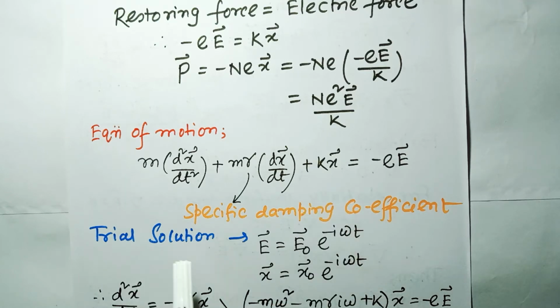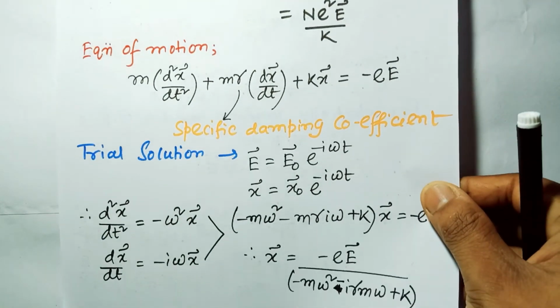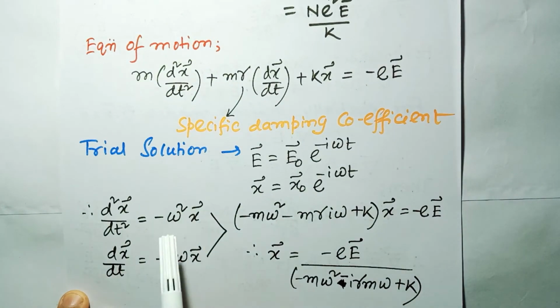Now we take one harmonic solution, like the trial solution. We can say E vector is equal to E0 vector times exponential of minus i omega t, and we take the displacement also to be harmonic, like x vector is equal to x0 vector times exponential of minus i omega t. So we can replace d2x by dt2 with minus omega squared x, and dx/dt is equal to minus i omega x.